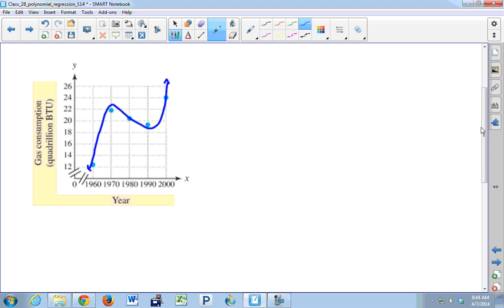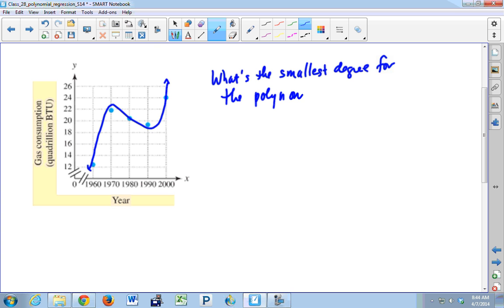So let's suppose we put this in, and I asked you, what's the smallest degree for the polynomial function graphed right there?